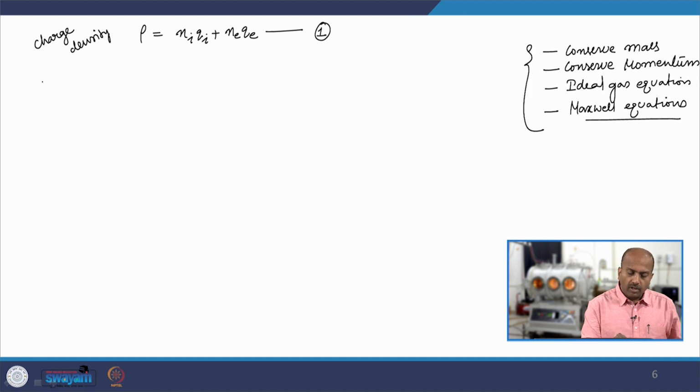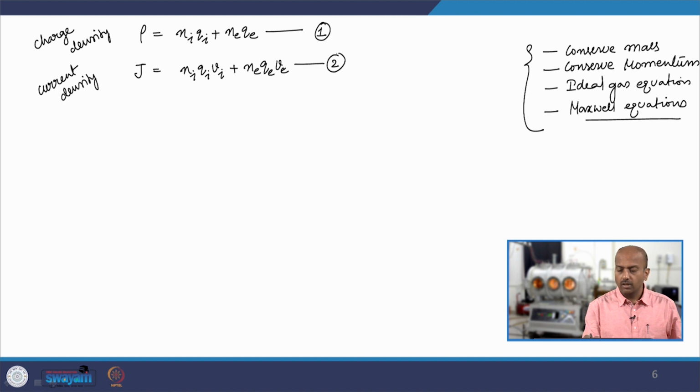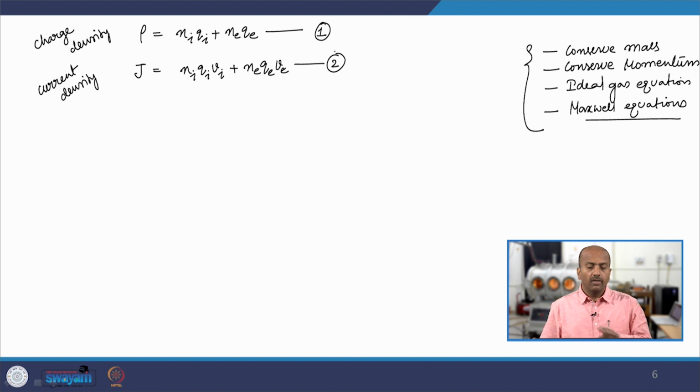Since it is moving, there are currents inside. The current density, let us call this J, equals Ni Qi Vi plus Ne Qe Ve. N is the number of particles per unit volume, Qi is the charge of ions, Vi is the velocity of ions, plus Ne Qe Ve, same terms for the electrons. Okay. So, these are two equations.